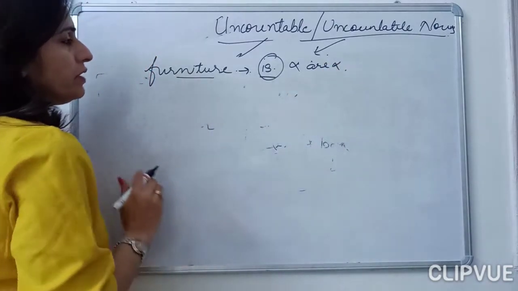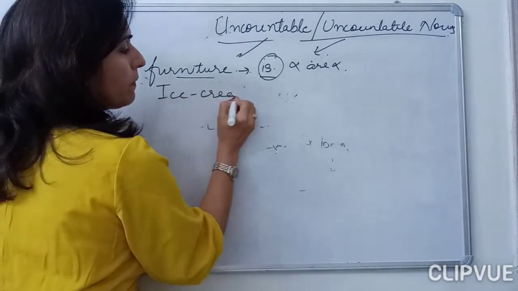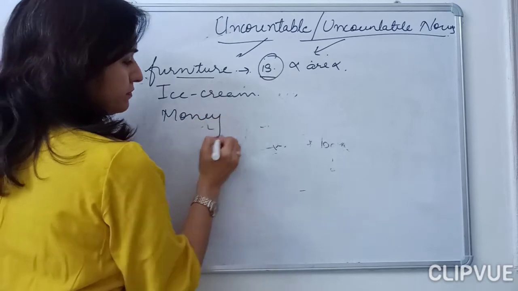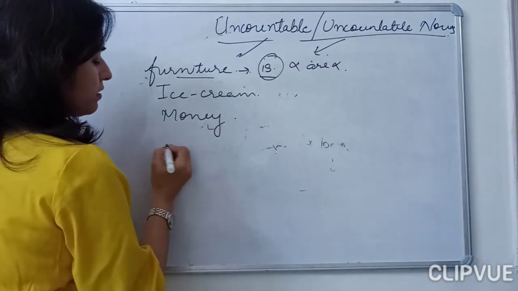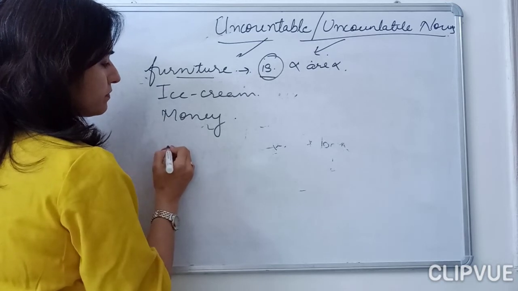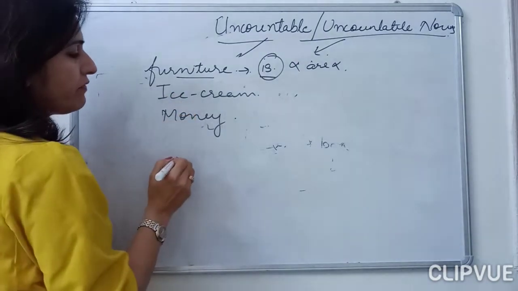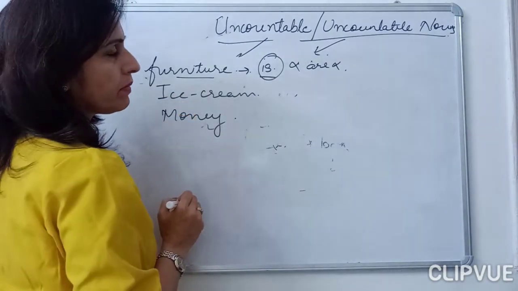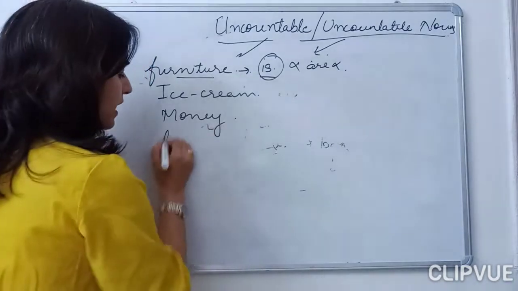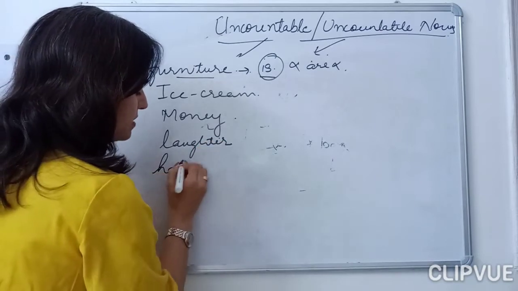Now furniture. Then suppose I take ice cream. Then I take money. All these things which I have written here, they are uncountable. Now let's take some more examples, children. Like I'll take laughter, happiness.